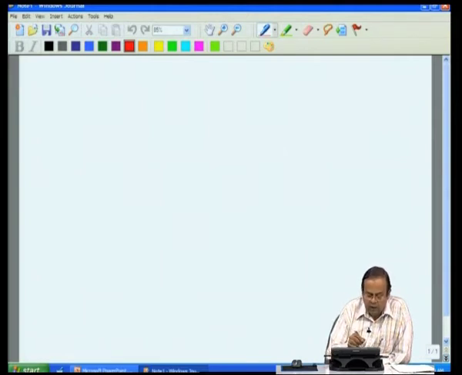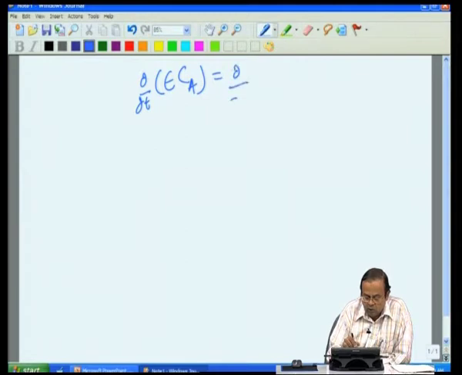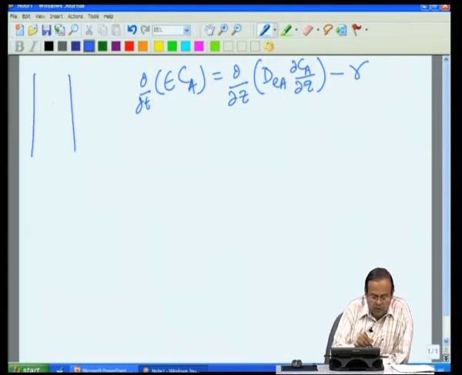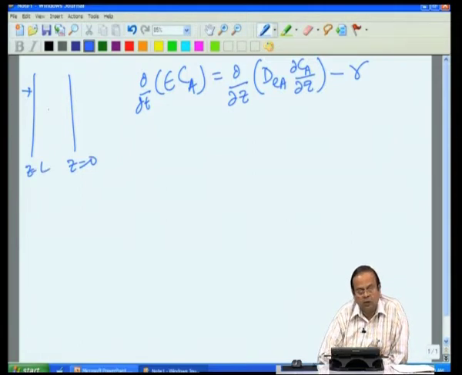So, what we have here is dou/dou t of epsilon concentration is dou/dou z of DEA dou Ca/dou z minus R. The first simplification is, and we are describing a slab, z equal to 0, z equal to L, diffusion and reaction over here.